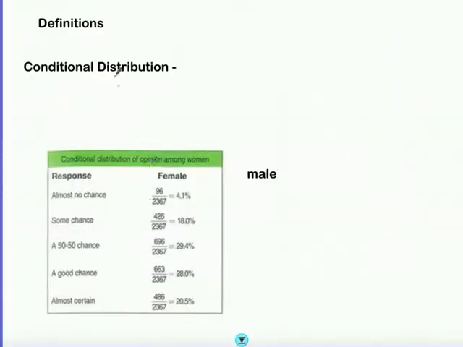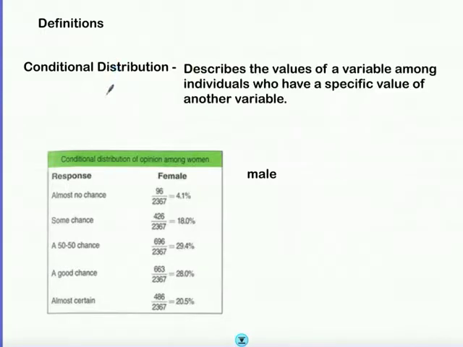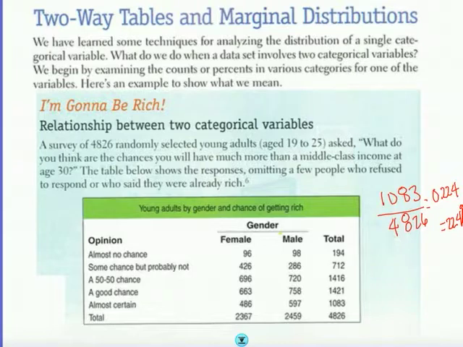So, some definitions. You have conditional distribution. Conditional distribution describes the values of a variable among individuals who have a specific value of another variable. So for your conditional distribution of opinion among women, you had almost no chance. If you look back at your original table, there were 96 women who said almost no chance out of a total of 2,367 women. So I'm going to flip back to that table real fast so you can see that.